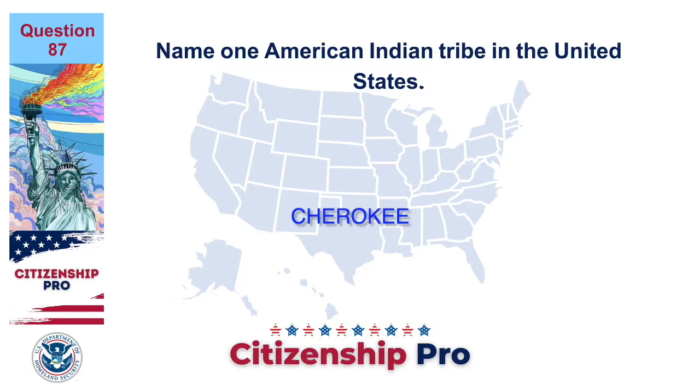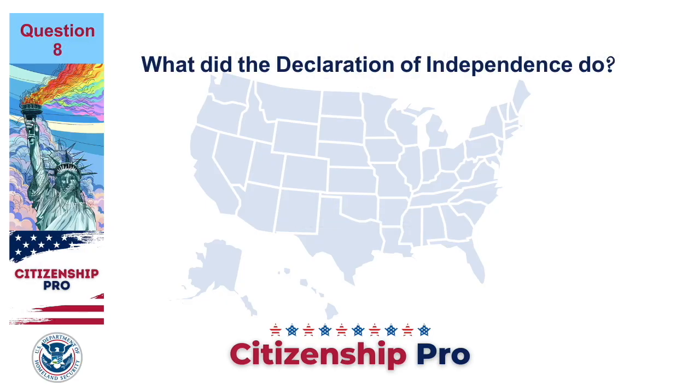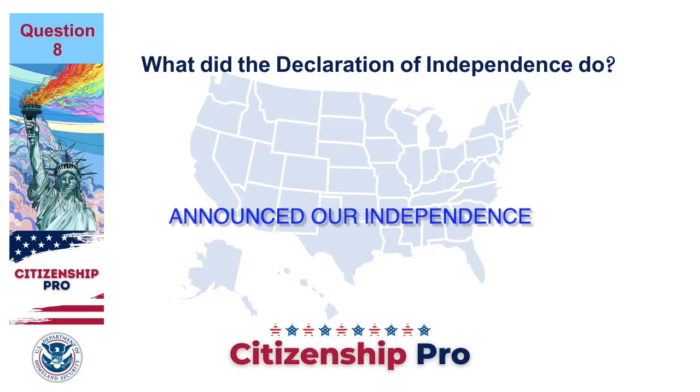Cherokee. What did the Declaration of Independence do? Announced our independence from Great Britain.